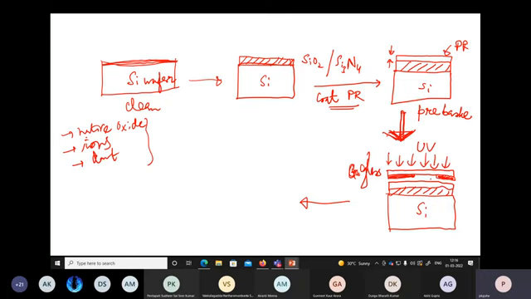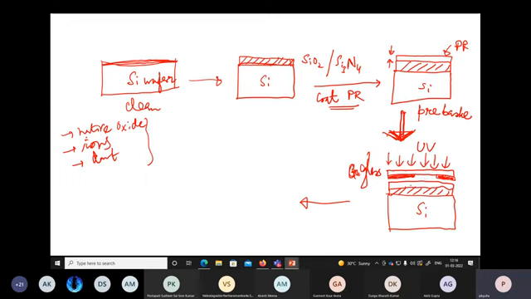UV light can go through the transparent part of the glass, but it will fail to reach the photoresist under the opaque portion. So this part of the resist, where it is interacting with the UV light, its property will change.